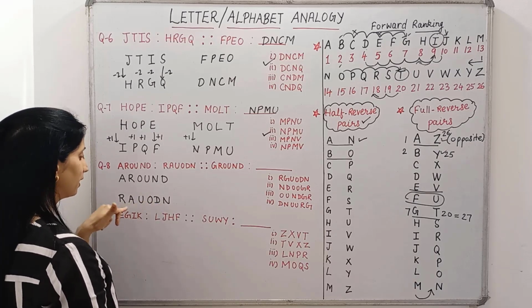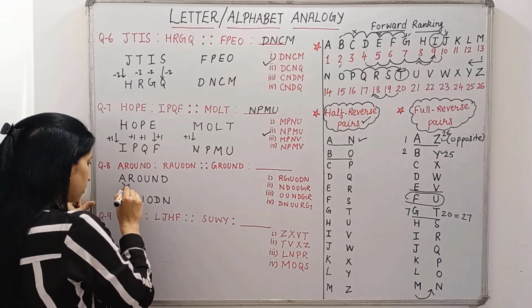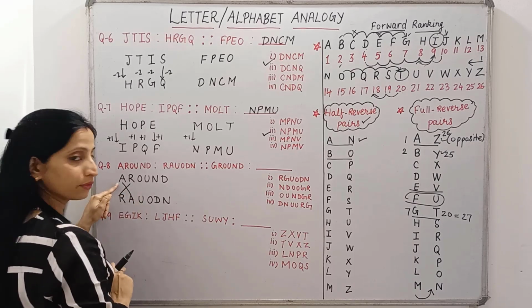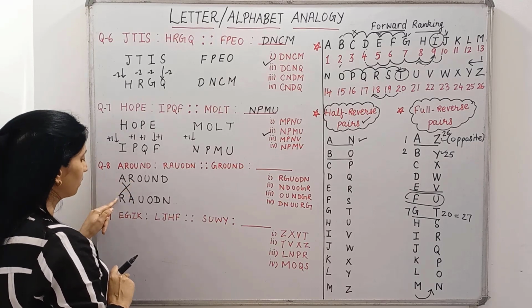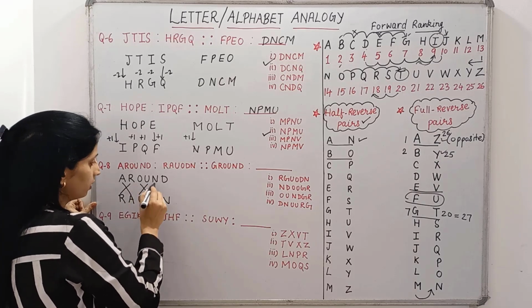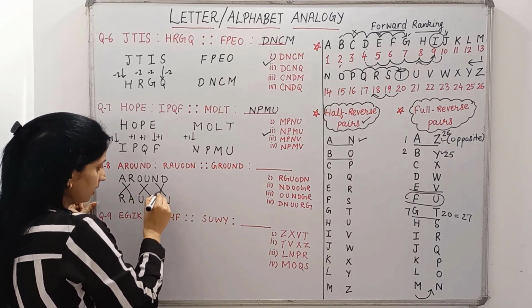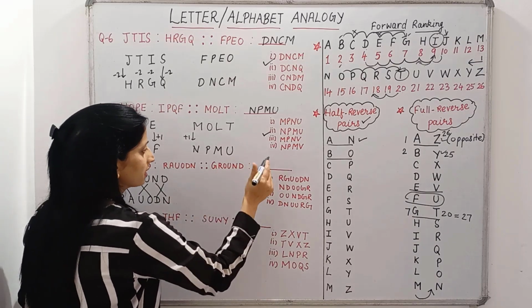This means we are interchanging the places of first and second letter. Here A is at the first place, here it is coming at second place. R is at the second place, it is coming at first place. Similarly with O and U and N and D. So by the same way, we will find out this missing term.